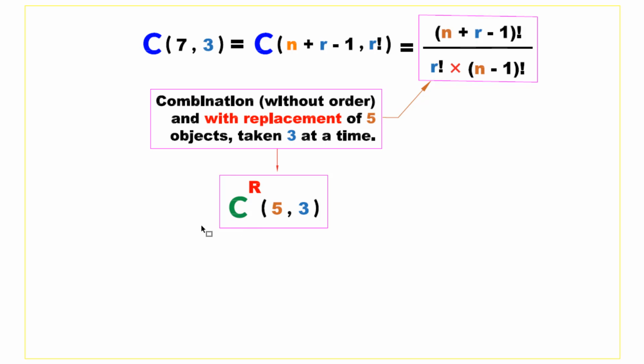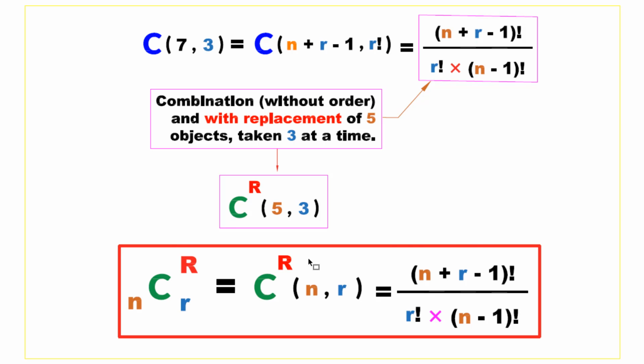So we read it as follows: combination with replacement of 5 objects taken 3 at a time, or combination with replacement taking 3 objects out of 5, all means the same. And now we arrive at this final formula, which is the answer to our problem.